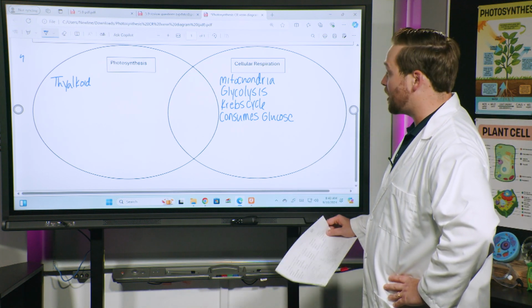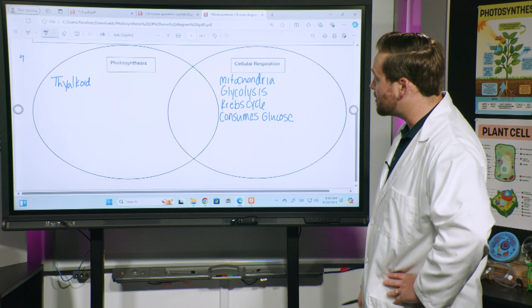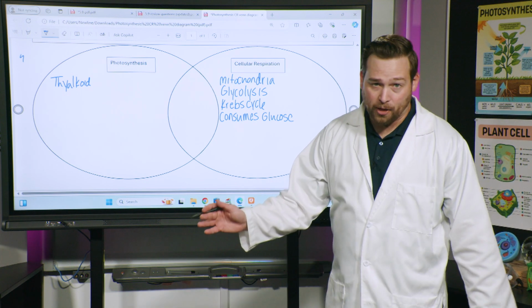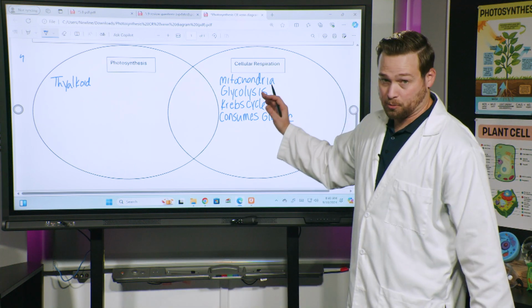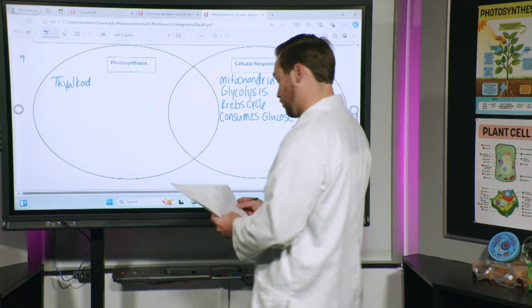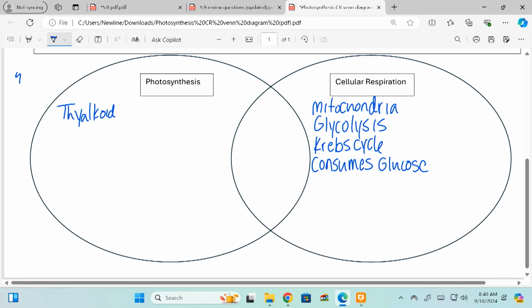All right, the next one is generates ATP. Where can we put that one? My knee-jerk reaction is to say cellular respiration, but actually producing ATP is going to go in the middle. They both generate ATP.